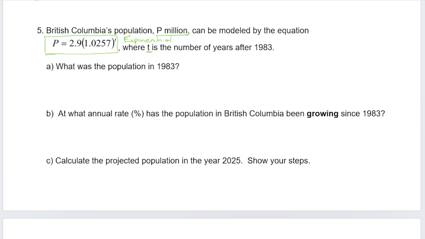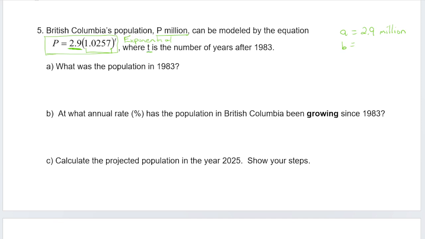So if that's an exponential, we know immediately a is 2.9 million, because whatever number is in front of our growth decay factor, the exponential, that's our a value. Whatever is the base is our b value.